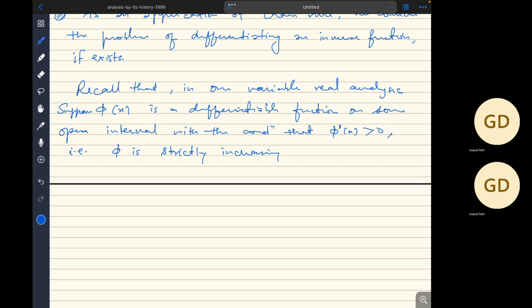So since this is strictly increasing, this function is 1-1. Phi is a 1 to 1 function on the given interval.